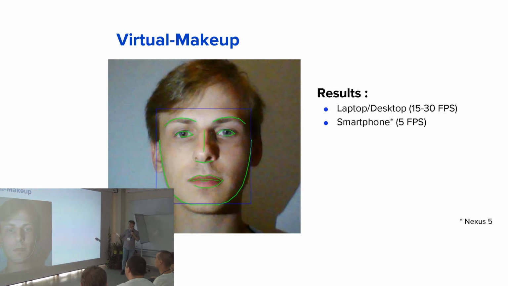But here you can see that it tracks the face and landmarks on the face. And we get really amazing results. On laptop or desktop, we get from 15 to 30 FPS. And on smartphone, it was on average 5, sometimes 10 FPS.